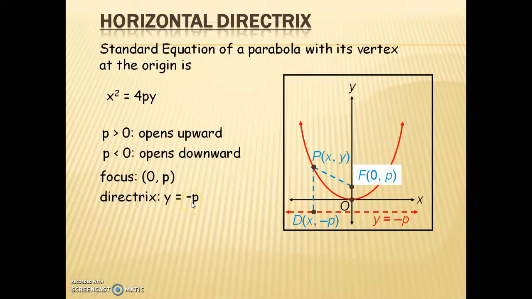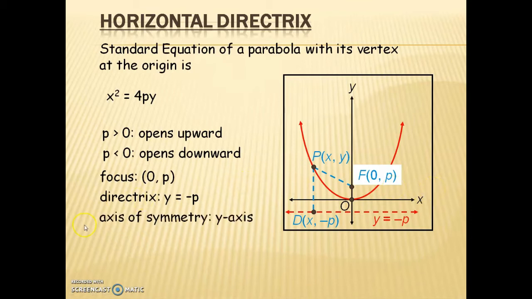Why? When the parabola opens upward, it is negative because the line of our directrix is located below the origin. So it is negative. But if it opens downward, the line of our directrix is located above the vertex, or above the origin. So it becomes positive.